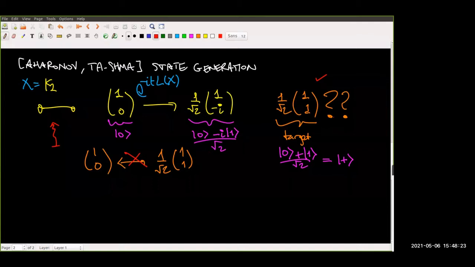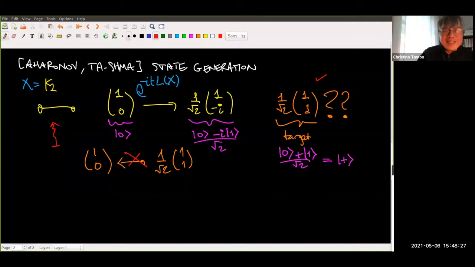But wait, I and minus I? Yes, very good. So if we generate this, that's right. So now let's look at this oriented K2, right?